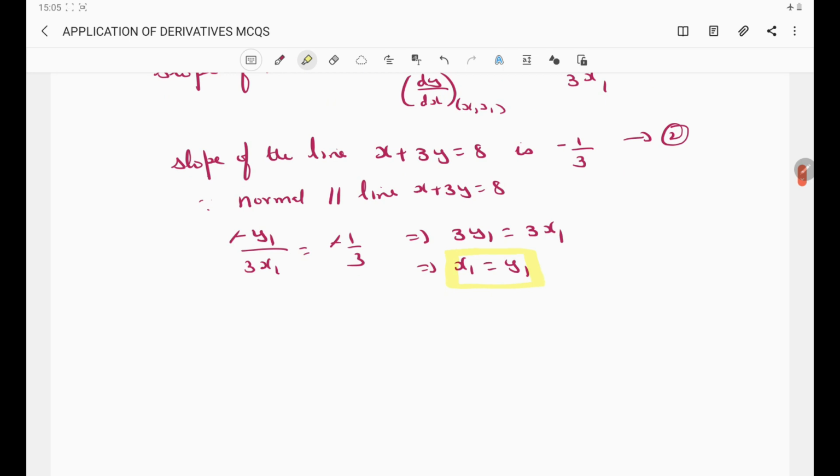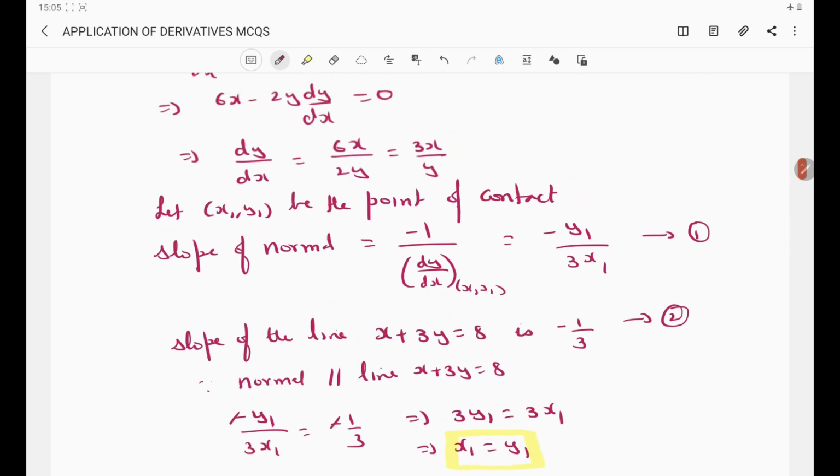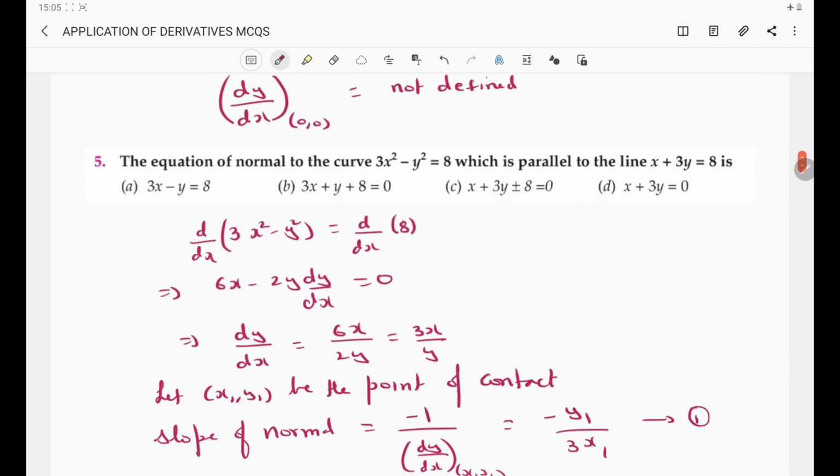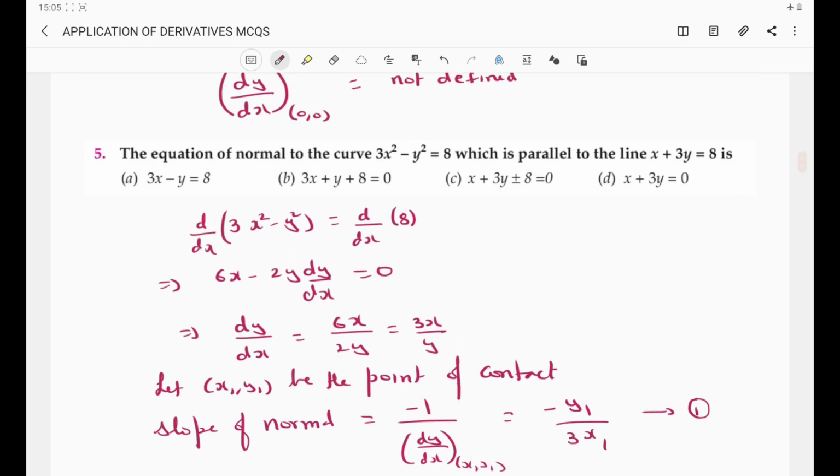So we are going to get a second relation between x1 and y1 using the concept that the point lies on the curve, so it must satisfy the curve equation.